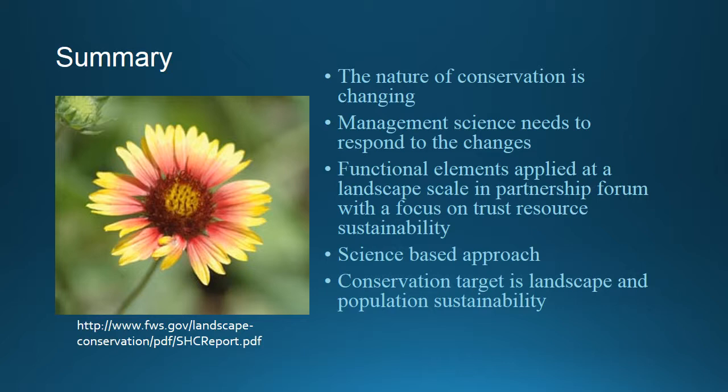Functional elements of strategic habitat conservation are applied to the region or specific landscape scale with a focus on trust resource sustainability. This is done in partnership so that public lands, migratory species, and interjurisdictional species, which are all trust resources, are properly managed. The approach is based on sound science principles with conservation target focused on landscape and population sustainability.